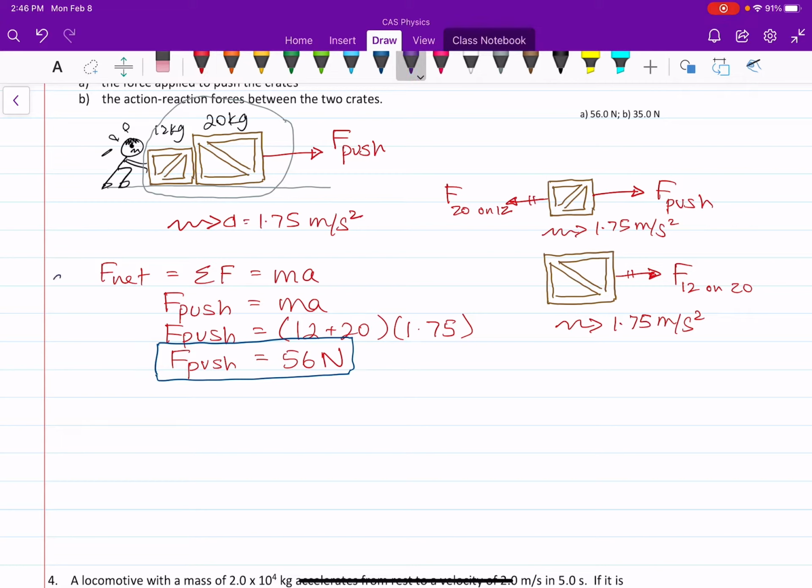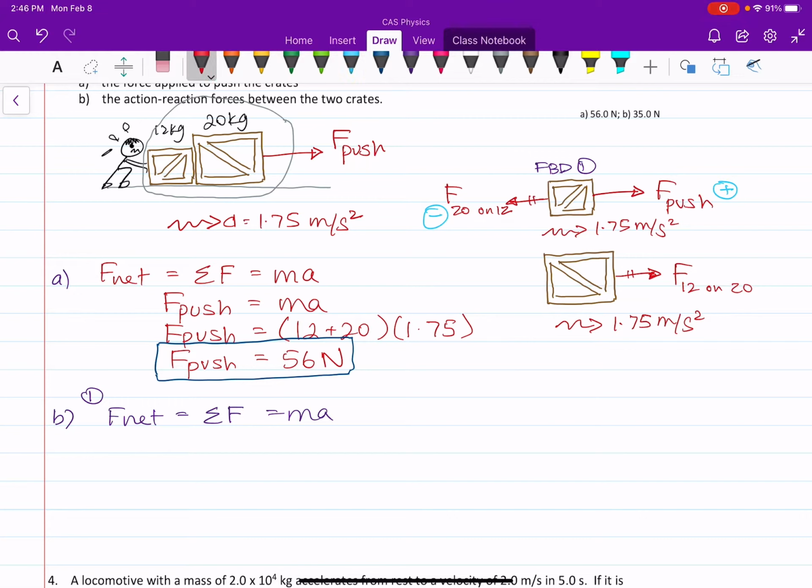So this question was part A. For part B, I'm going to say F-net equals the sum of the forces, which equals MA. Let me call this free body diagram 1, and let's say I'm working with 1. So what are the forces acting? The sum of the forces? Well, I've got two different directions, so let me clearly articulate which direction is positive and negative.